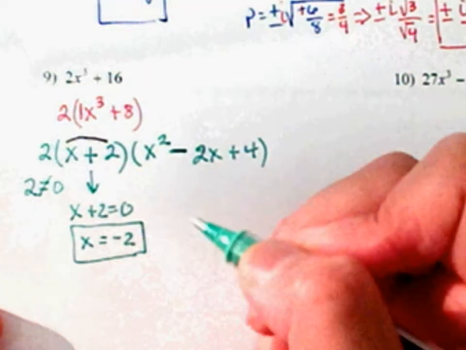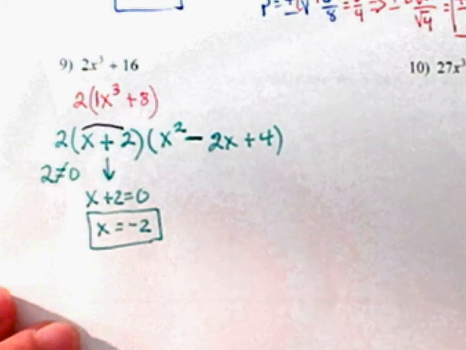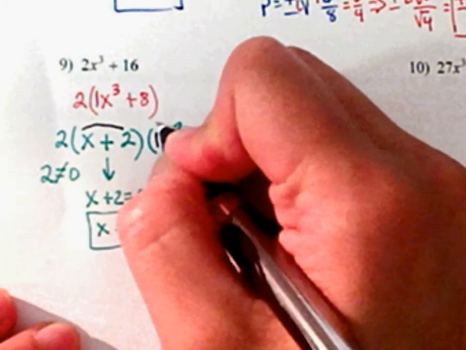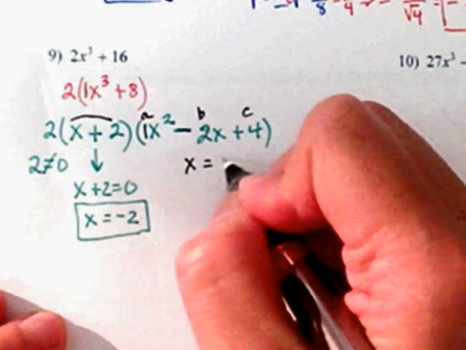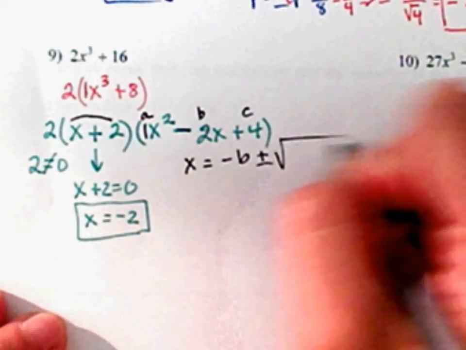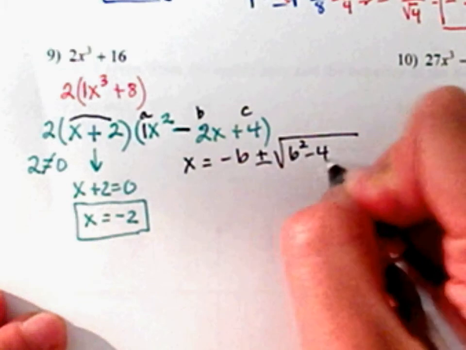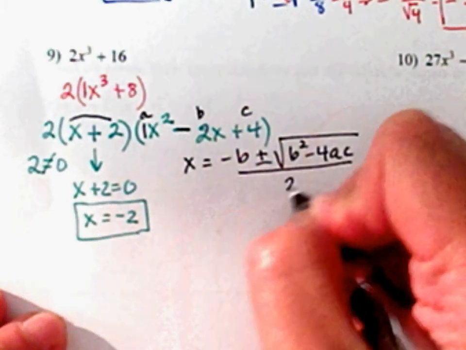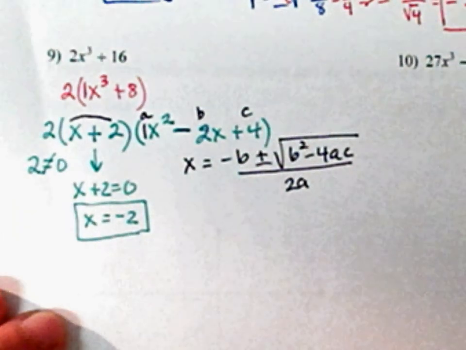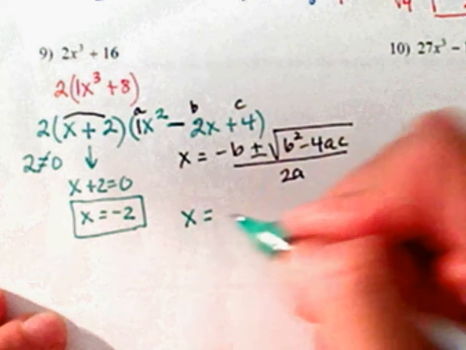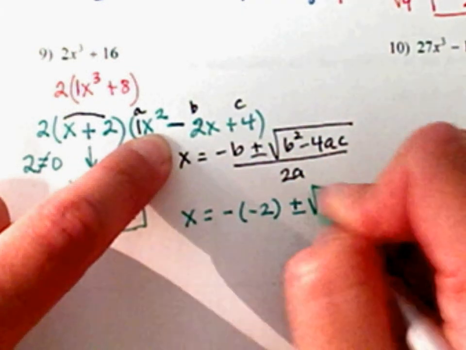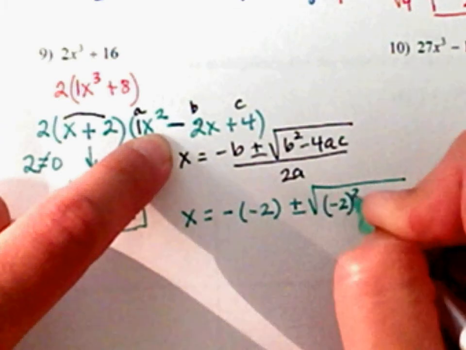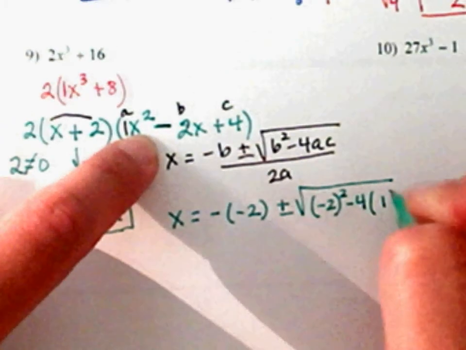This one, you want to do the quadratic formula. a, b, c. In the quadratic formula, x equals negative b plus or minus square root b squared minus 4ac all over 2a. And I'm going to plug into that formula. x equals negative b, so negative 2 plus or minus square root b squared minus 4 times your a times your c.